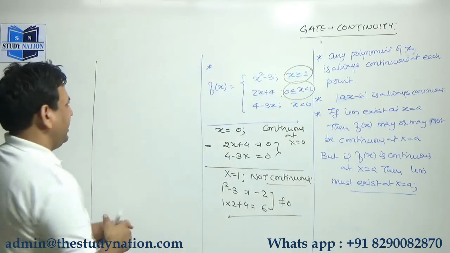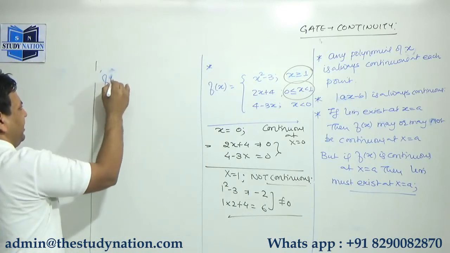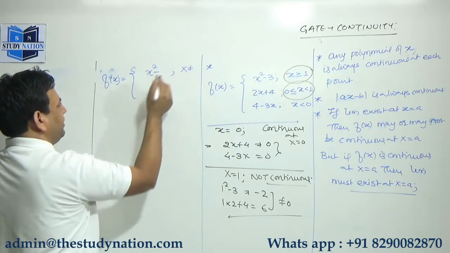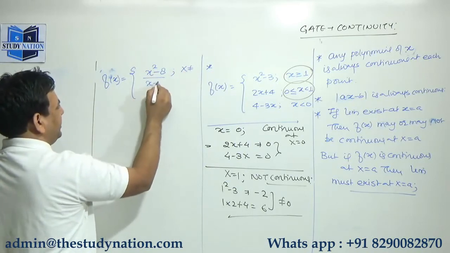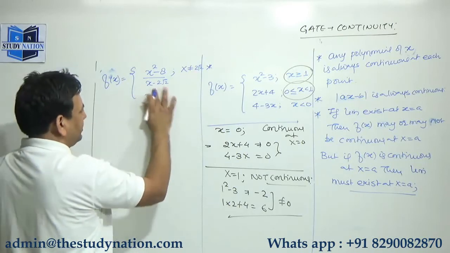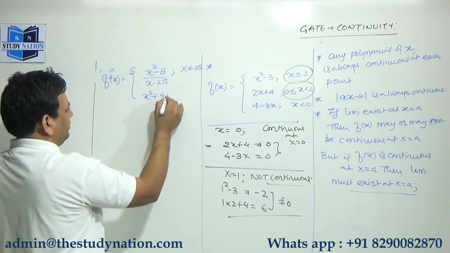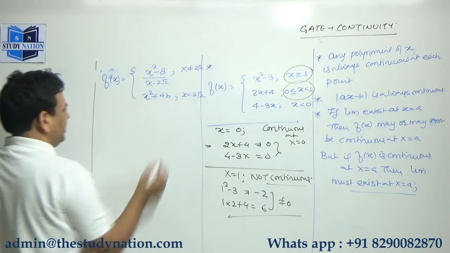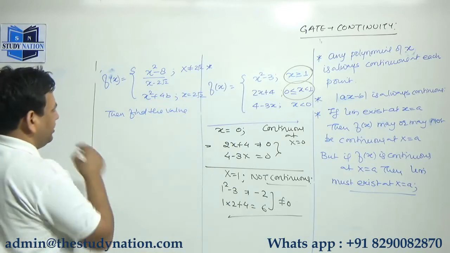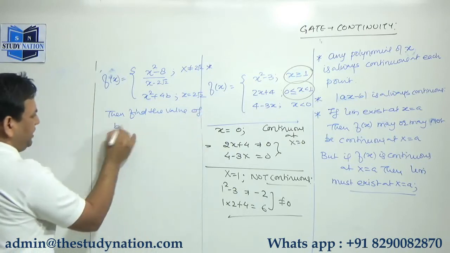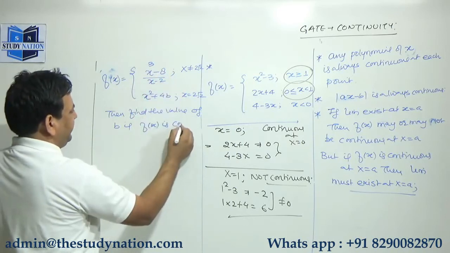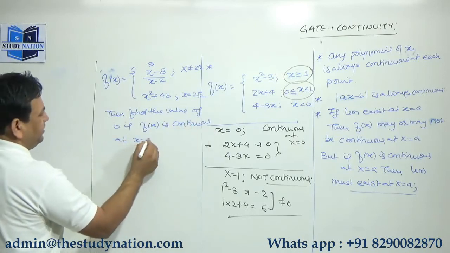And suppose somebody says f(x) is equal to (x square minus 8) upon (x minus 2 root 2) if x is not equal to 2 root 2, and then find the value of b if f(x) is continuous at x equal to 2.